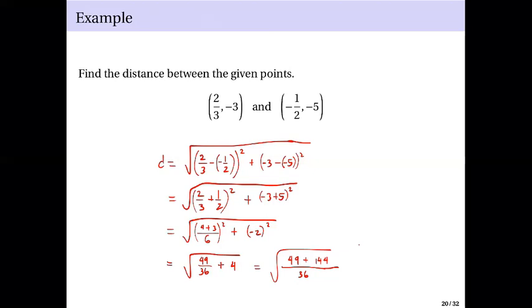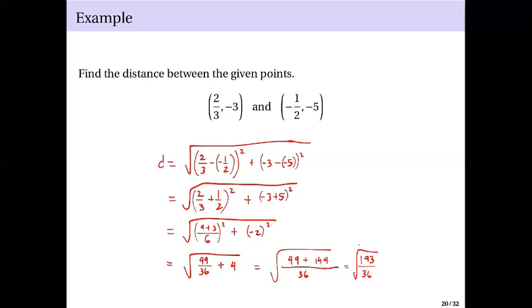Yeah, 144. Thank you. And then we have 49 plus 144, that's 193. And then you divide this by 36. You get the square root.